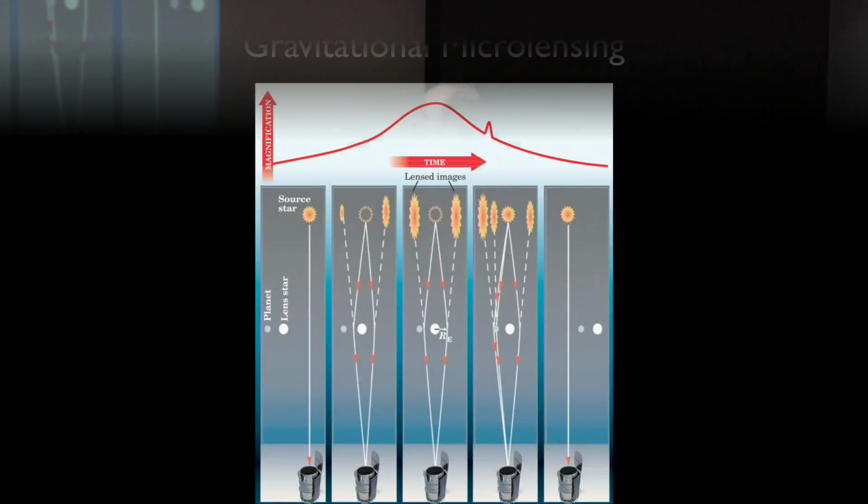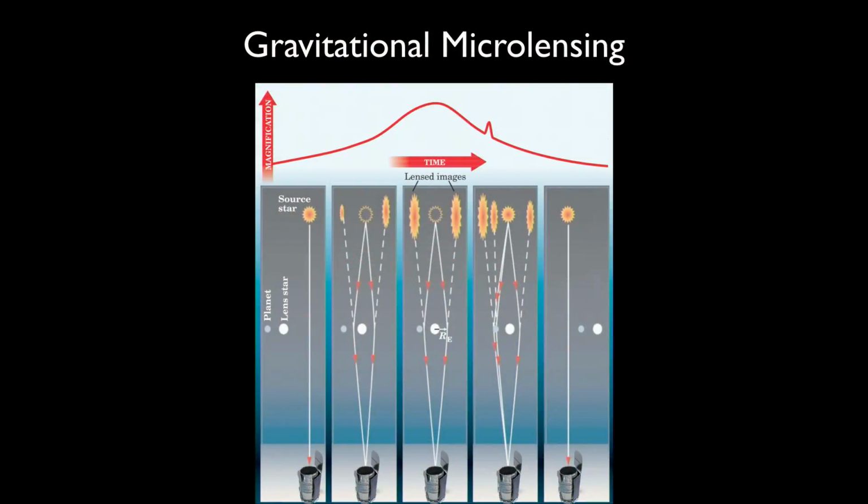Because of general relativistic effects, a star can act like a lens and focus the light, which increases the brightness of the distant star, because you generally can't resolve the different images that are created. In reality, there are lots of little images created, but typically you can't resolve them, so the effect is just to brighten the background star.